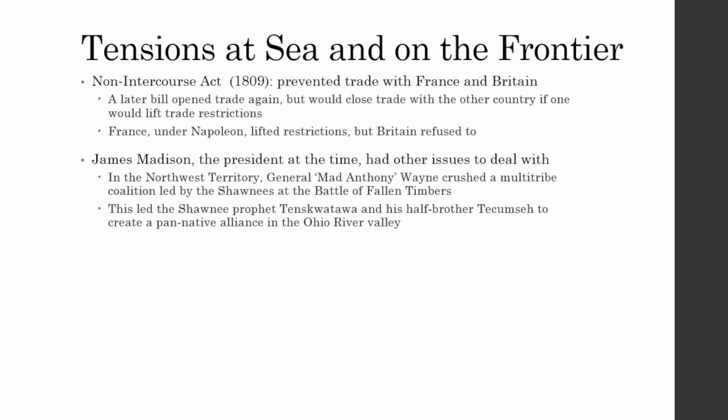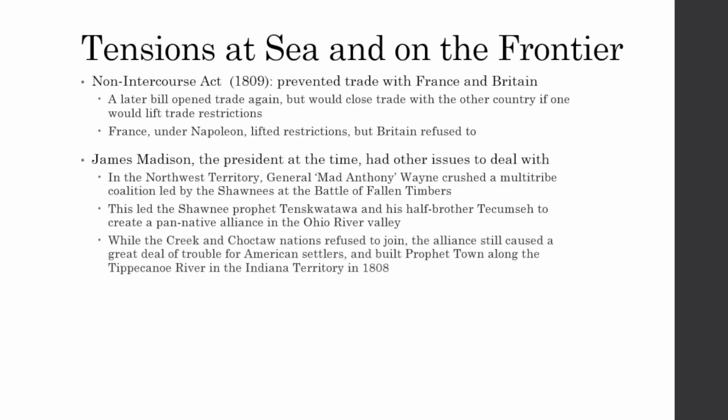Tecumseh is a little more important in the broader scheme of things, so remember him. They created a large pan-native alliance in the Ohio River Valley. Luckily for Americans, the Creek and Choctaw natives did not join, but the alliance was still big enough to cause some issues.